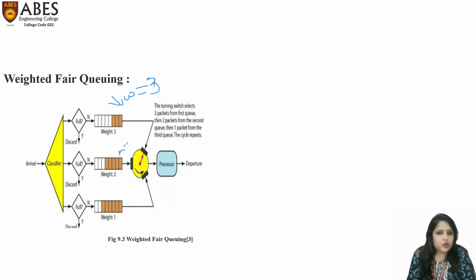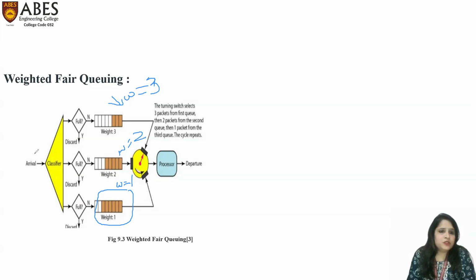The second queue has a weight value of 2. The turning switch, which is the rotating switch, will at a time select 2 packets from this queue. And for the third queue, which is the lower priority queue, the weight value is 1. So the rotating switch will select one packet from that queue.